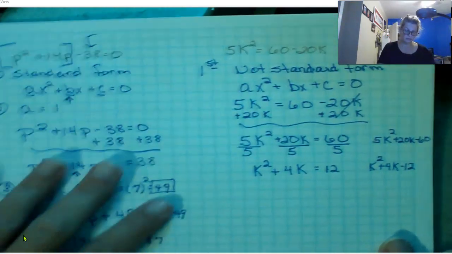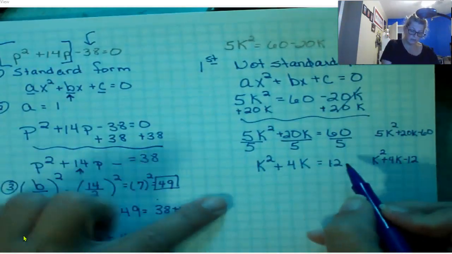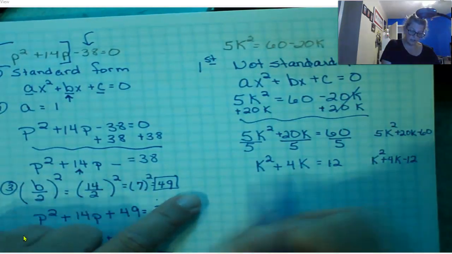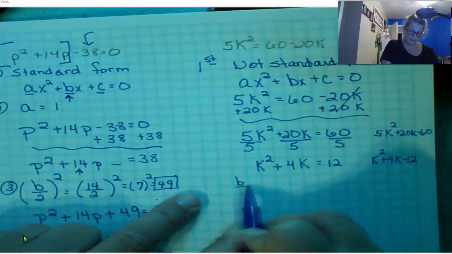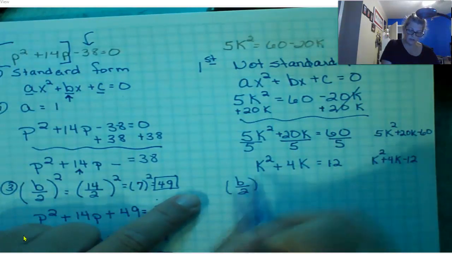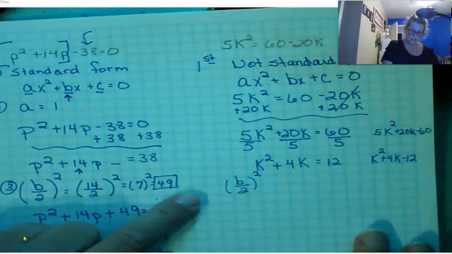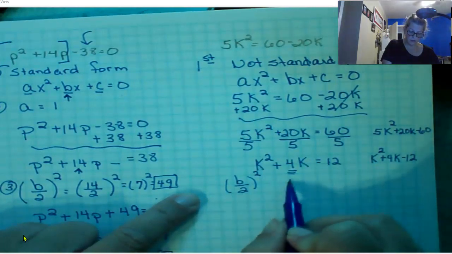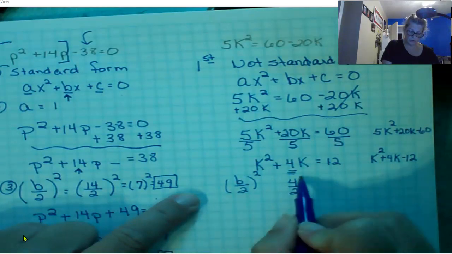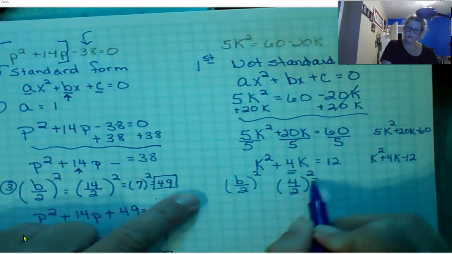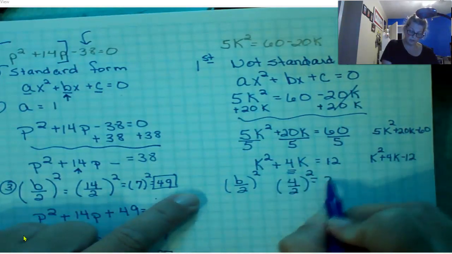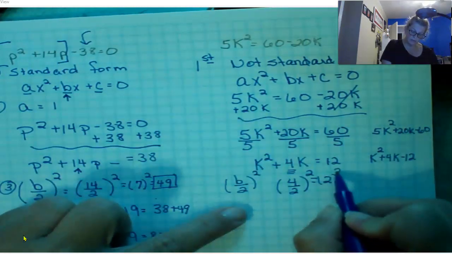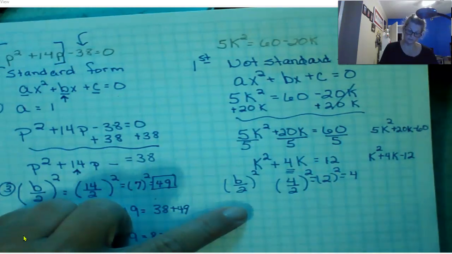So from here, remember, we have to change this, so it's b divided by 2 quantity squared. Our b is 4, so 4 divided by 2 quantity squared. Well, 4 divided by 2 is 2, so 2 squared brings us back to 4.